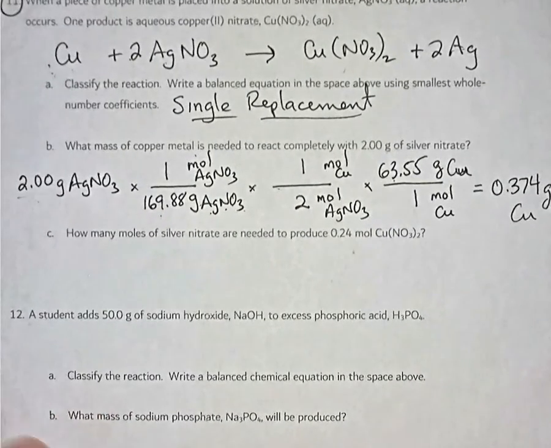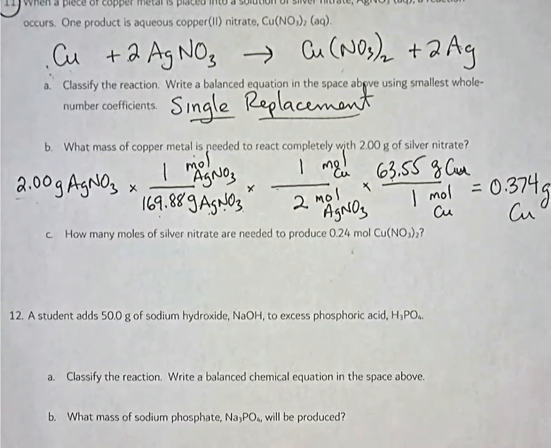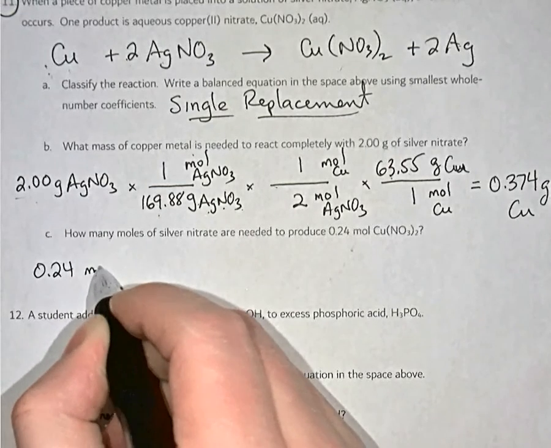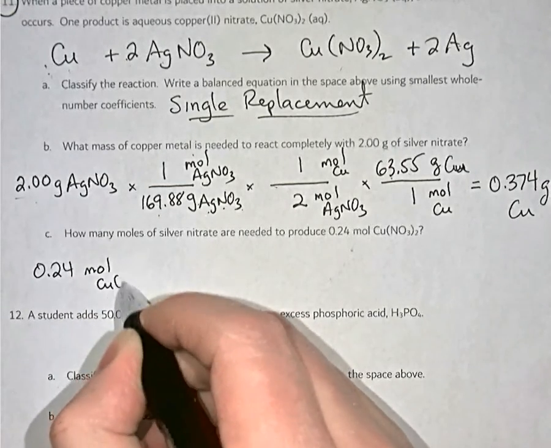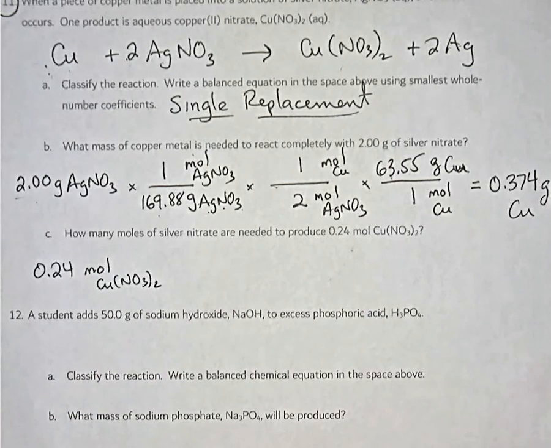All right. Part C, how many moles of silver nitrate are needed to make 0.24 moles of copper nitrate? So we want to make 0.24 moles of the copper 2 nitrate, and we're asked how many moles of silver nitrate we would need for that.